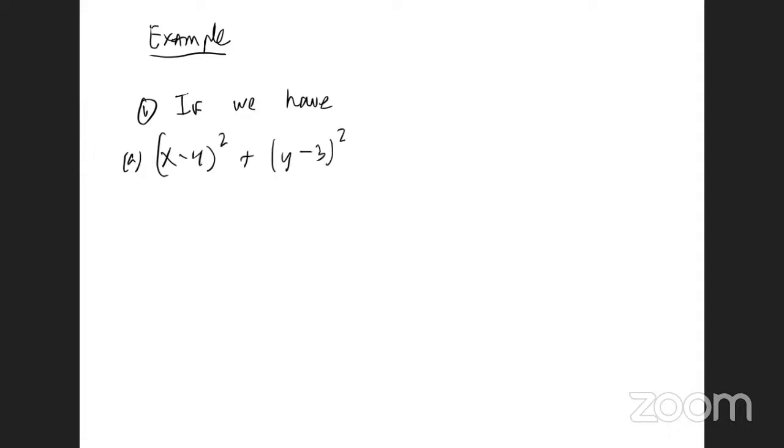So let's try an example. Suppose I gave you x minus 4 all squared plus y minus 3 all squared is equal to 9. Can you identify the center and the radius? Sean, center is what?